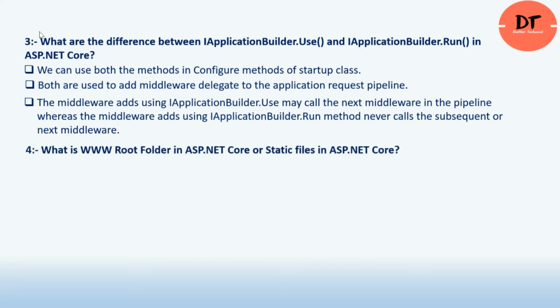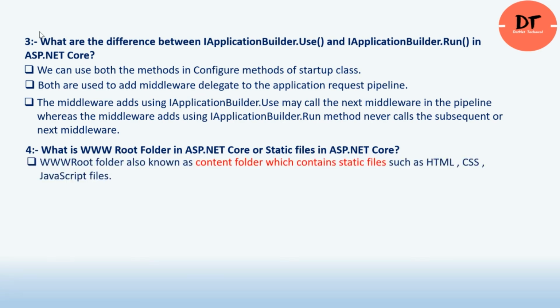Next one, what is the wwwroot folder in ASP.NET Core, or a static file in ASP.NET Core? The wwwroot folder is used to store the static files in an ASP.NET Core application, such as CSS files, JavaScript files, HTML, images, etc. The wwwroot folder is available at the root level of the application.